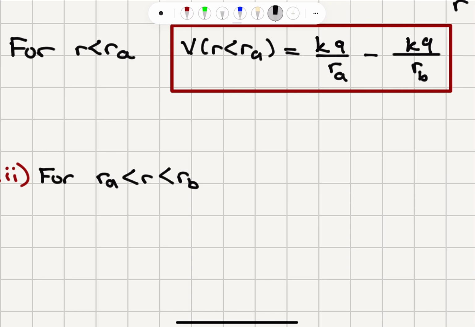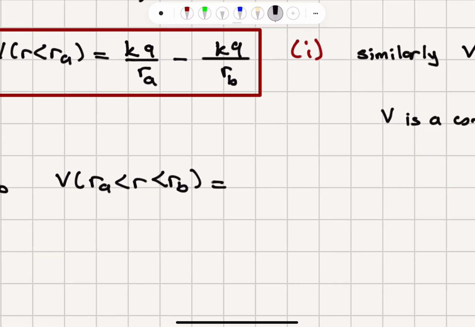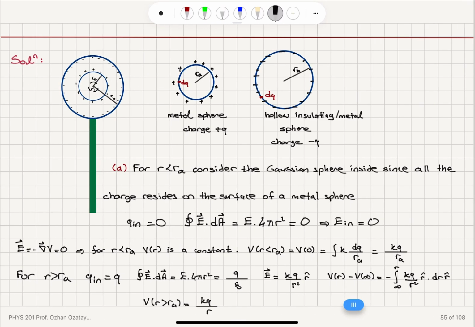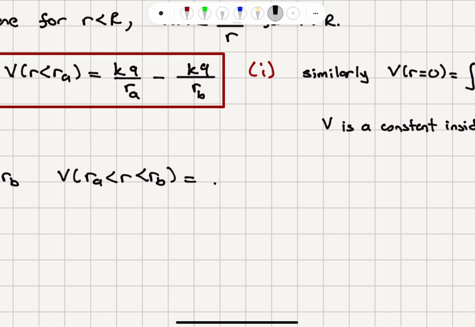If I use the superposition principle, I would say that the potential at r greater than r sub a and less than r sub b is the potential outside a metal sphere. The potential outside the metal sphere is kq over r. So the contribution from the inner metal sphere would be given as kq over r.